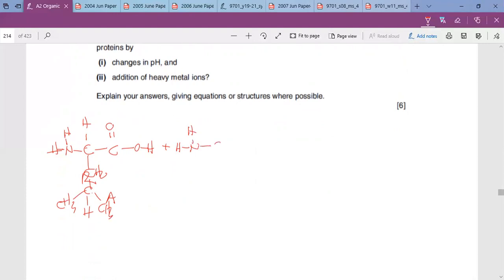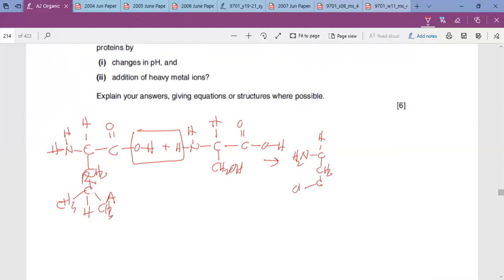C and H here, and CH2OH here. Now box this. Remember, water comes out. You can box it, it doesn't matter. To give you this one here, and H. Now you can draw these two here, it doesn't matter because you already know what is going to happen.